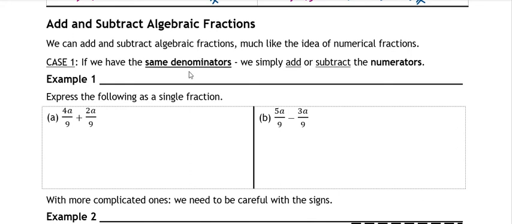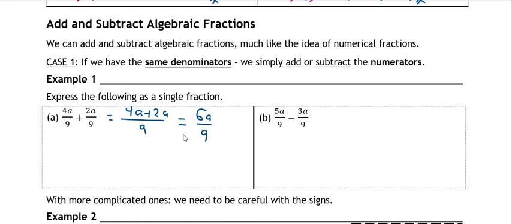So here, case 1: if we have the same denominators, we simply add or subtract the numerators. You can see this one, example 1a, 4a over 9 plus 2a over 9. You will do it like this, okay? They share the same denominator, so I'll just write 4a plus 2a over 9. 4a plus 2a can be simplified into 6a over 9, right?